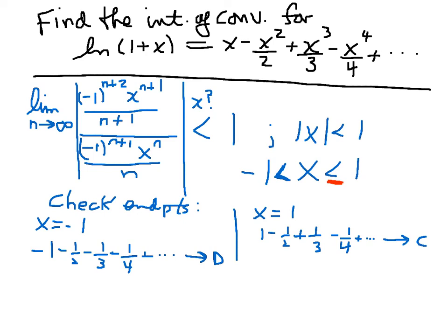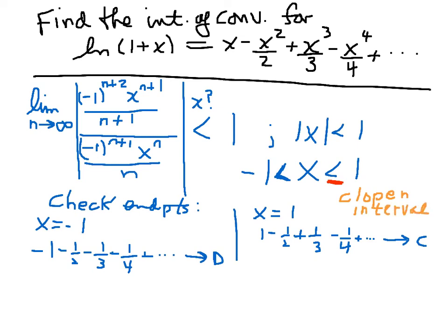It converges conditionally at 1. And so our interval of convergence is greater than -1 and less than or equal to 1. And just for giggles, this is sometimes called a clopen interval. Closed at one side, open at the other.